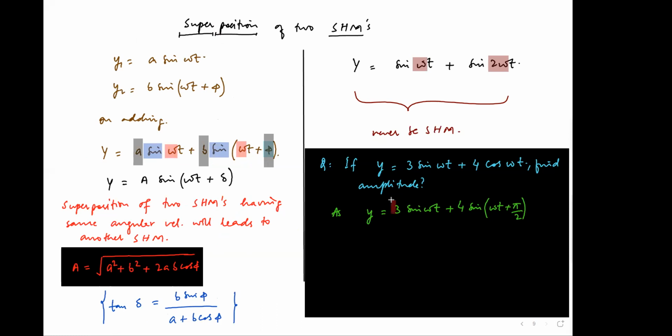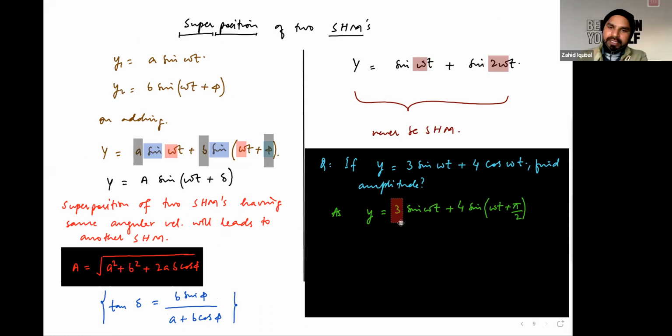Yes, sir. Now in this expression, we have this term A, this term B, and this term phi. So using this formula of amplitude, we may calculate the resultant amplitude for this entire part. Just write it down and try to find the amplitude of this resultant.